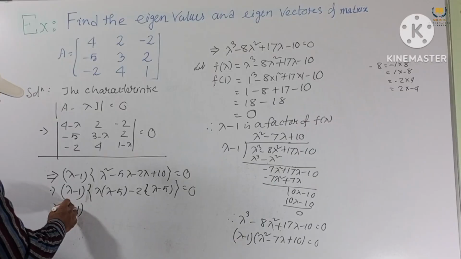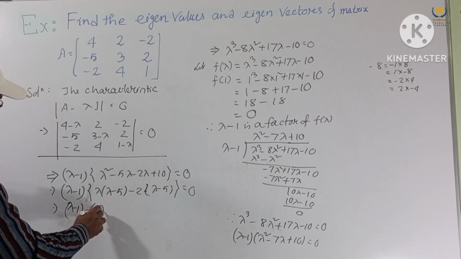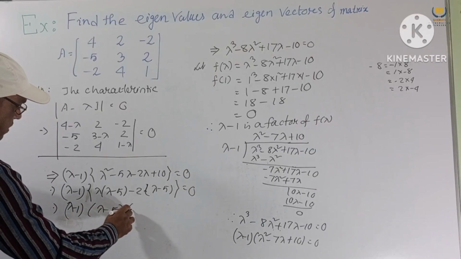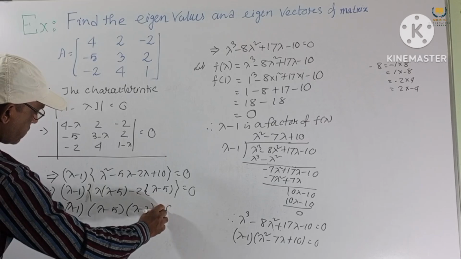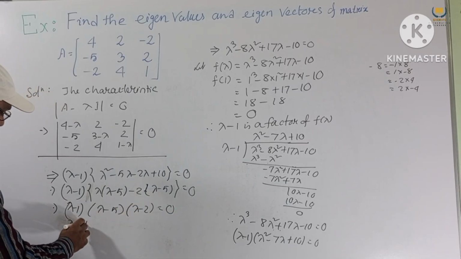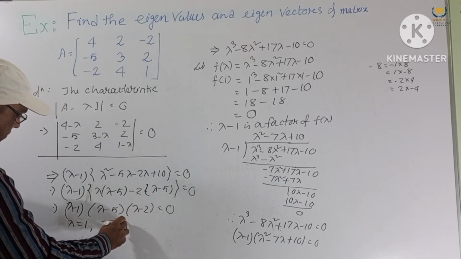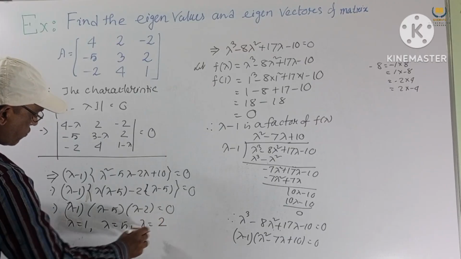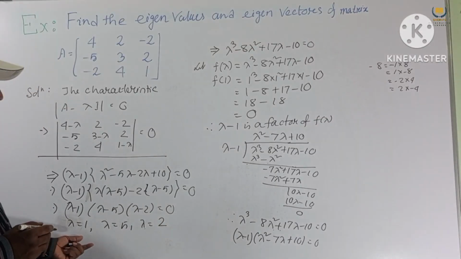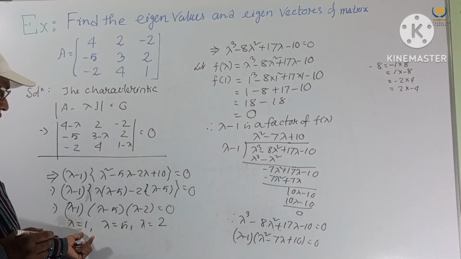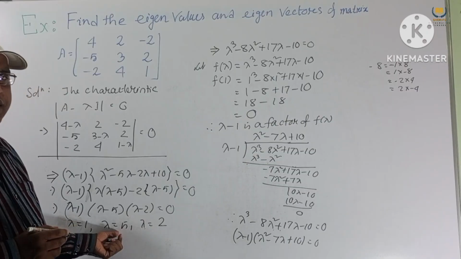Lambda minus 1, lambda minus 5, lambda minus 2 equal to 0. So lambda equal to 1, lambda equal to 5, lambda equal to 2 we get. These are the eigenvalues 1, 2 and 5.